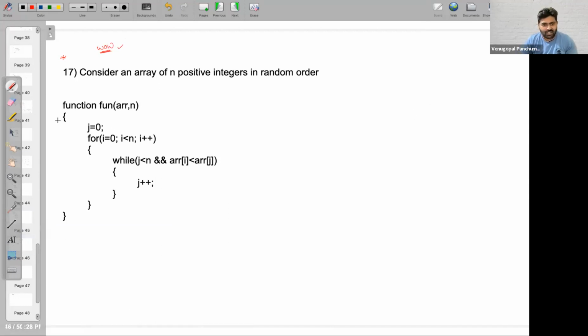So this is the function, and to this function I am passing an array as well as the size of the input. N is the size of the array. Answer.